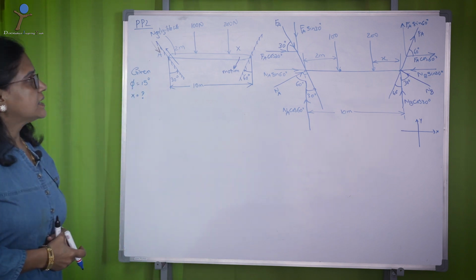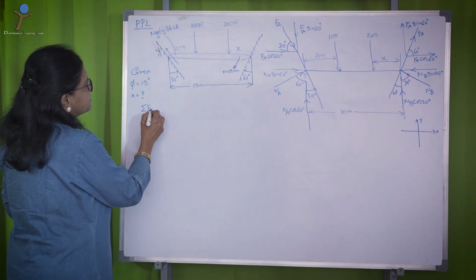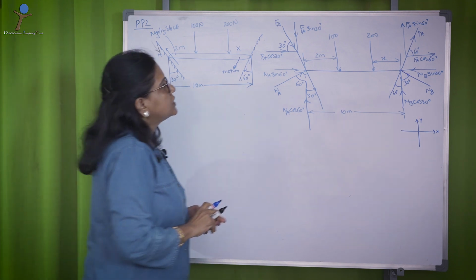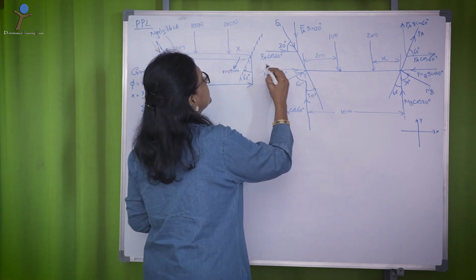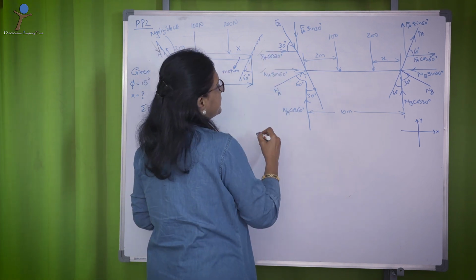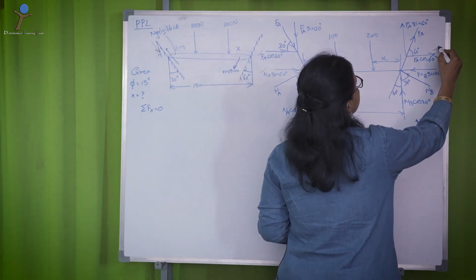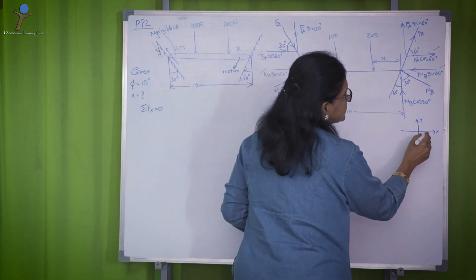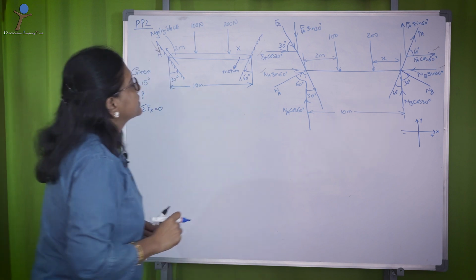So, now let us apply equilibrium conditions, that is sigma Fx equal to 0. So, what are the forces that are acting in x direction? This one, and this one. So, mark x in this direction is positive, in this direction is negative.